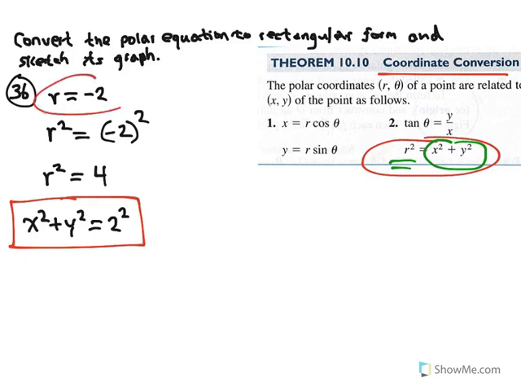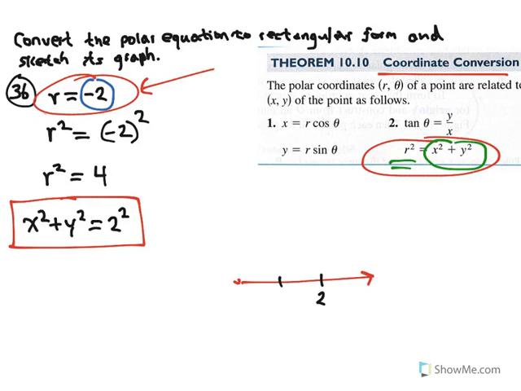So you can also get the same graph by just starting with the polar equation. If you have the pole here and the polar axis, and this would be 2 units from the pole, for any angle, there's no theta in this polar equation, so theta can be any angle. You will locate a point that is 2 units away from the pole on the opposite ray from the terminal side of the angle.